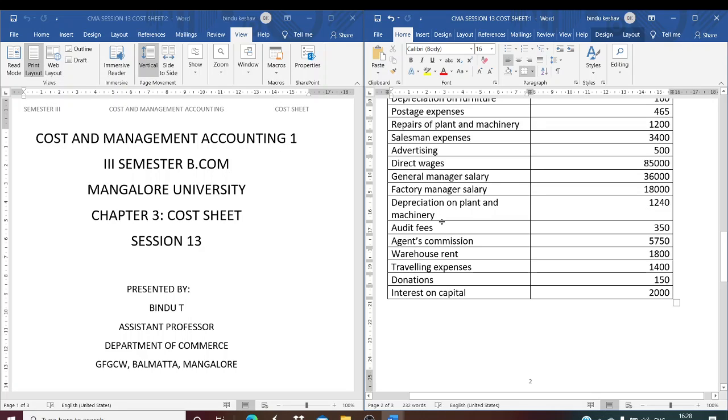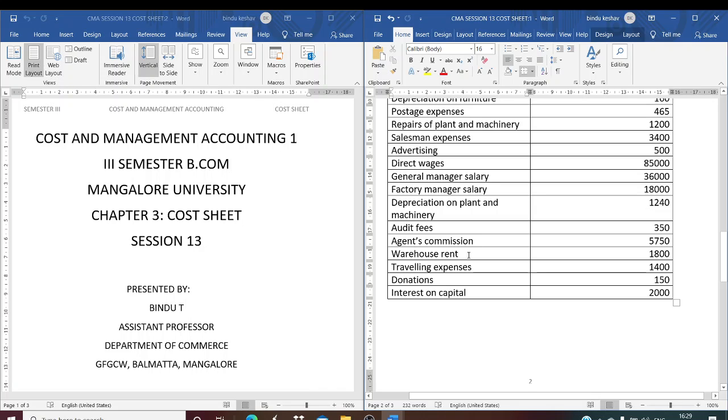Depreciation on plant and machinery, as I explained with repairs, plant and machinery are located in the factory, so these are factory overheads. Audit fees, the fees incurred by the company in checking the books of account, are office overheads. Agents commission is for selling the goods, so it comes under selling and distribution overheads.